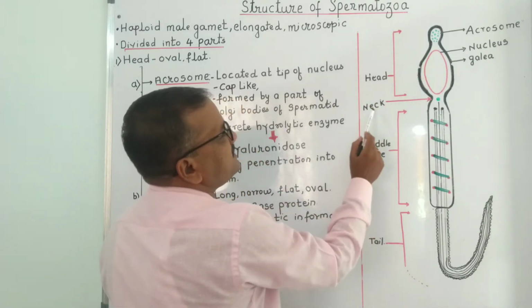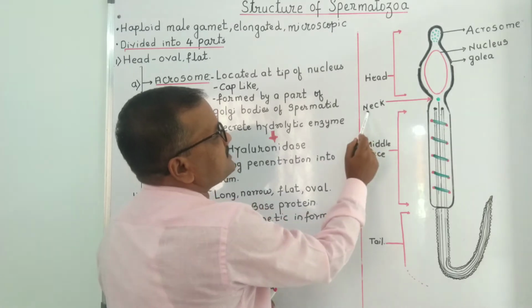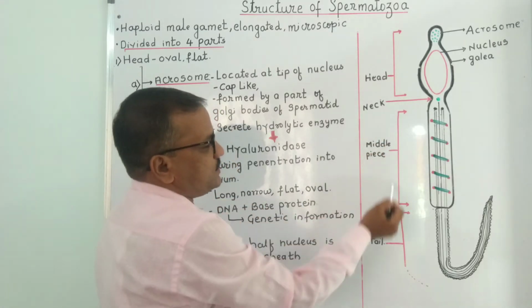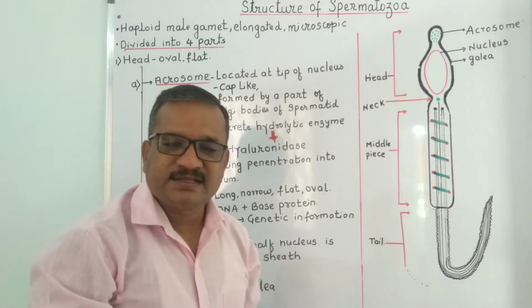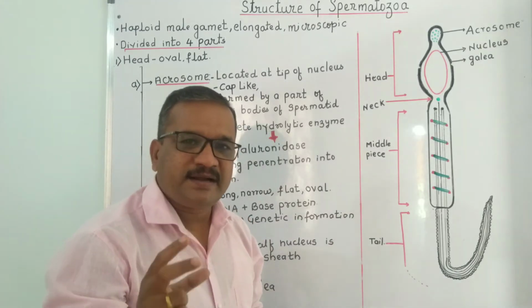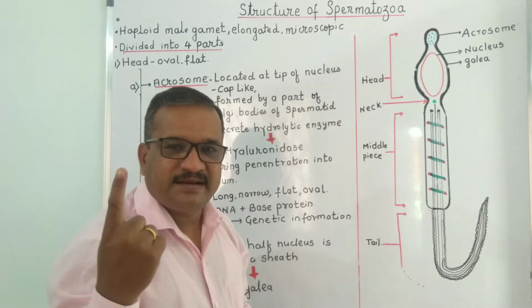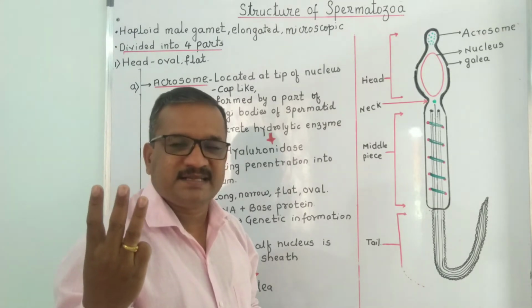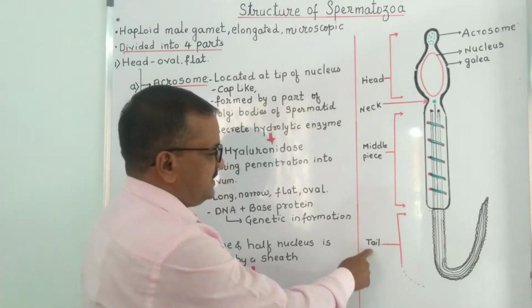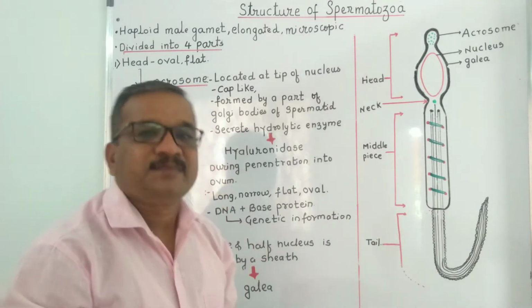Next part is the neck region. Third part is the middle piece region, and the last part is the tail region. So number 1 is head region, number 2 is neck region, number 3 is middle piece region, and number 4 is tail region.